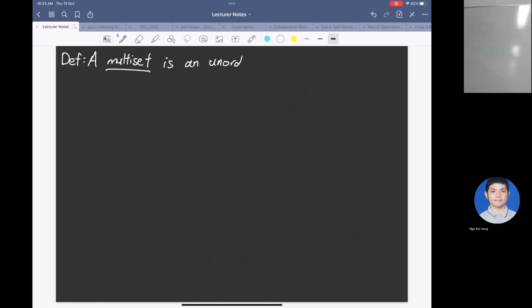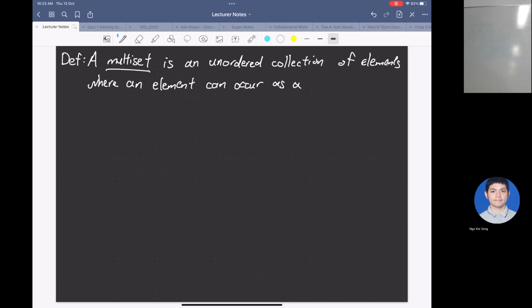A multiset is also an unordered collection of elements, but we allow the elements to repeat. For example, we have 1, 1, 1, 2, 2, 2. Okay. This is a multiset.